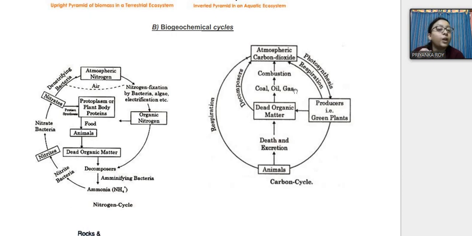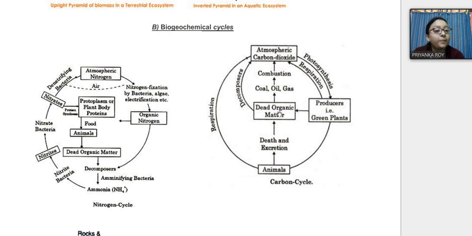And the same goes for carbon also. The carbon, like atmospheric CO2, can be utilized by the green plants through photosynthesis, and the green plants can die. When they are dead, they go into coal, oil, gas, and these can be burned, and by means of combustion of these fossil fuels, we again get back carbon dioxide.